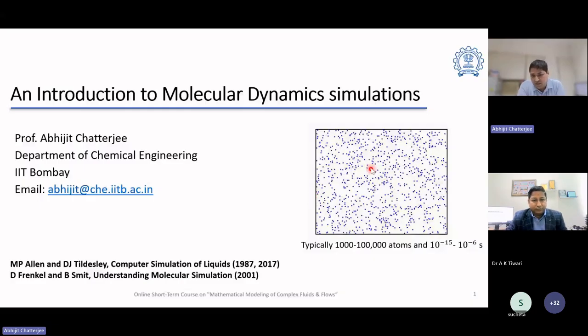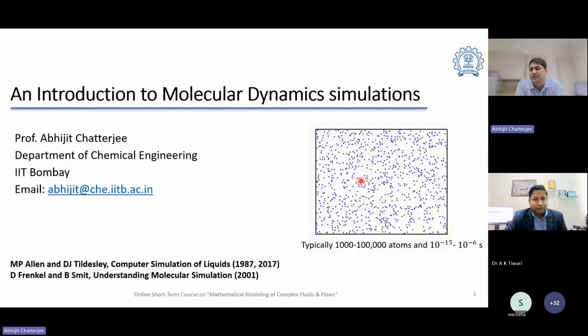What I'm showing here is supposed to be a movie. I don't know why it's not playing, but basically this is a molecular dynamics simulation showing particles moving around. In MD, typically we have about 1,000 to 100,000 particles. Of course, you can go higher, to maybe a million or closer to a billion nowadays, but those are excessively large simulations.